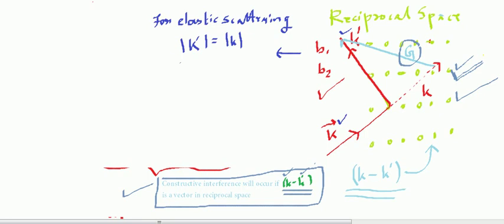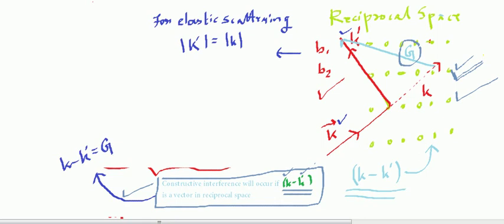Now you know very well that the diffraction condition says that diffraction is only possible when k minus k dash is a vector in reciprocal space. And remember, we were using a sign convention of g to represent any vector in reciprocal space.